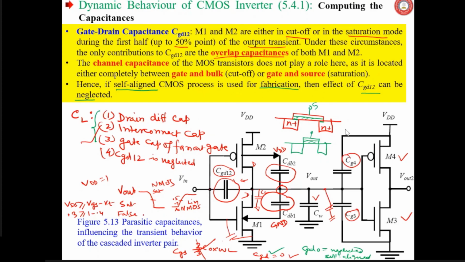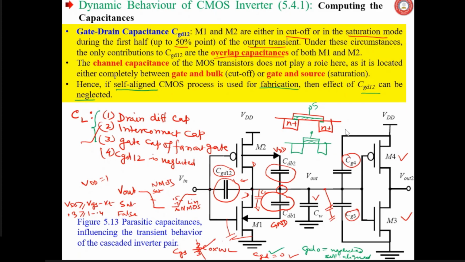After that, it enters into saturation when VM is reached. Anyway, the statement written here: M1 and M2 are either in cutoff or in saturation mode during the first half, up to the 50% point of the output transient. Under these circumstances, the only contributions to CGD12 are overlap capacitance.